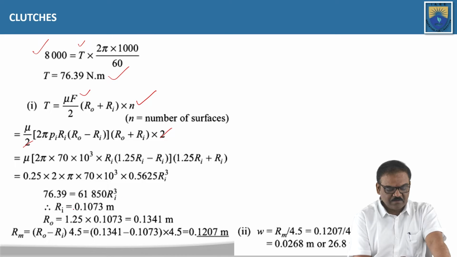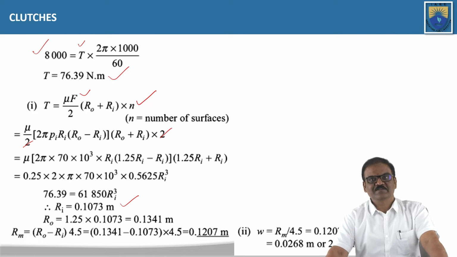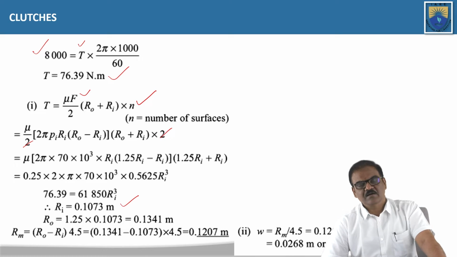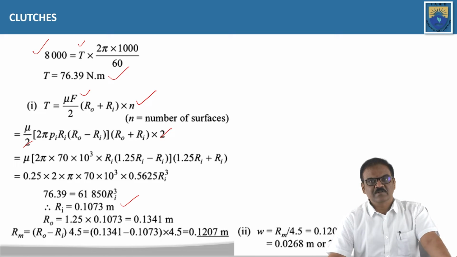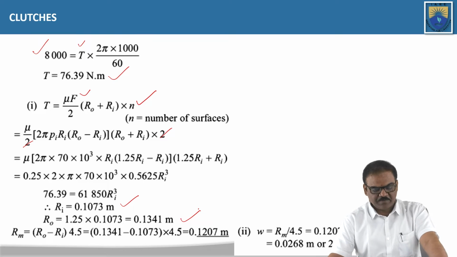From here, Ri is reduced as 0.1073, that is 107.3 millimeters. R outer and R inner have a correlation as per the problem. The outer is 134.1 or 0.1341 meters.